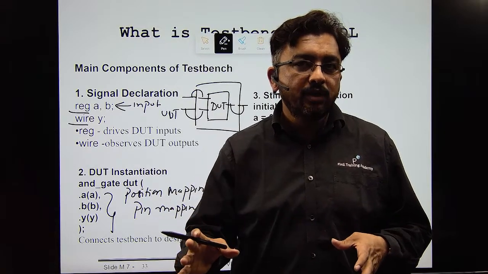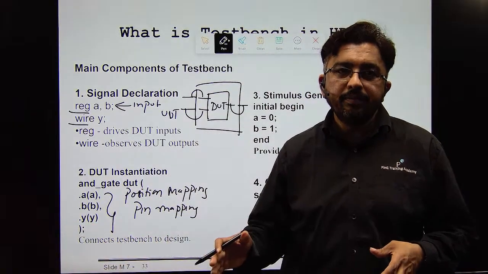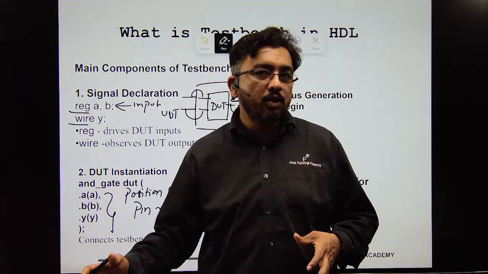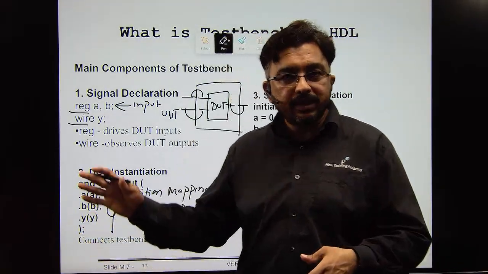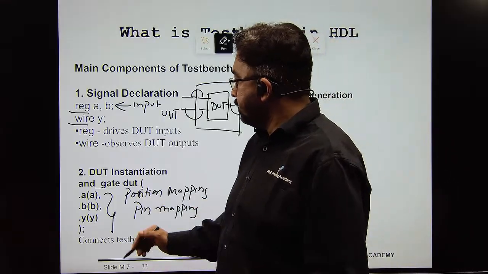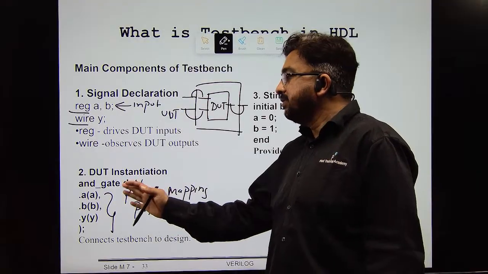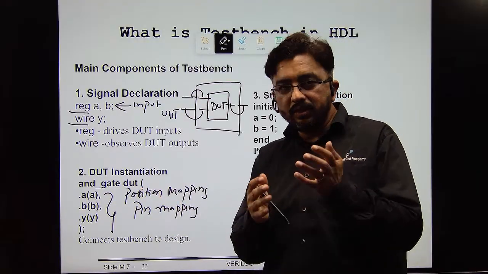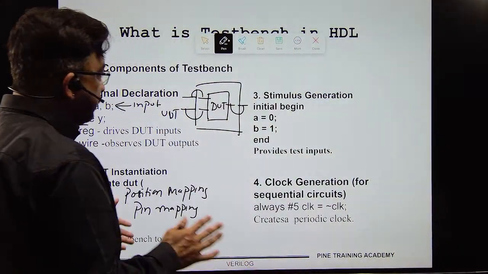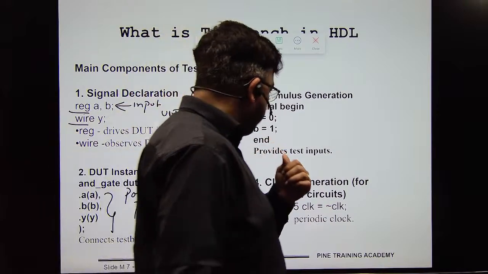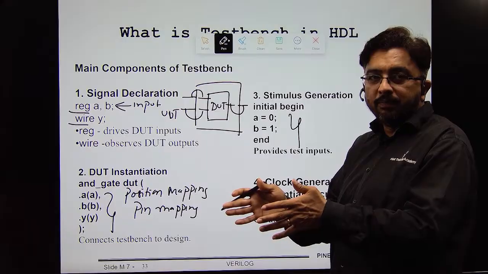If the first position is output, then we have to keep output. If the second position is input, then we have to keep input. If the third position is output again, we keep output. So that is called position mapping, which we will take up, don't worry. So the first thing is signal declaration, that is your input and output. Second, you are calling your DUT, or connecting your DUT with the UUT. The third point is that you have to give the stimulus with the help of your inputs.